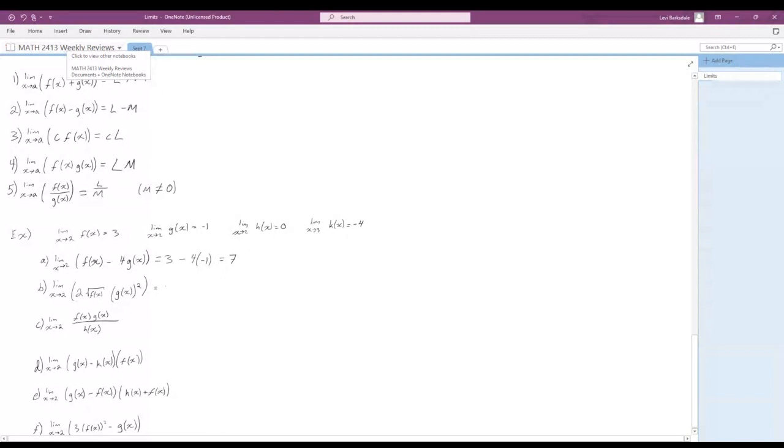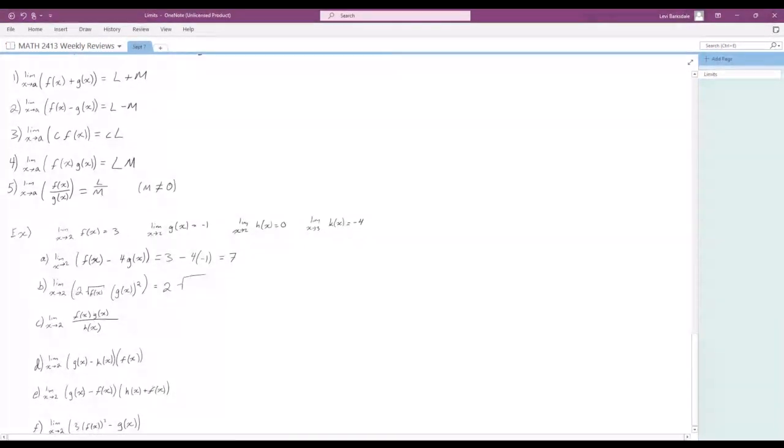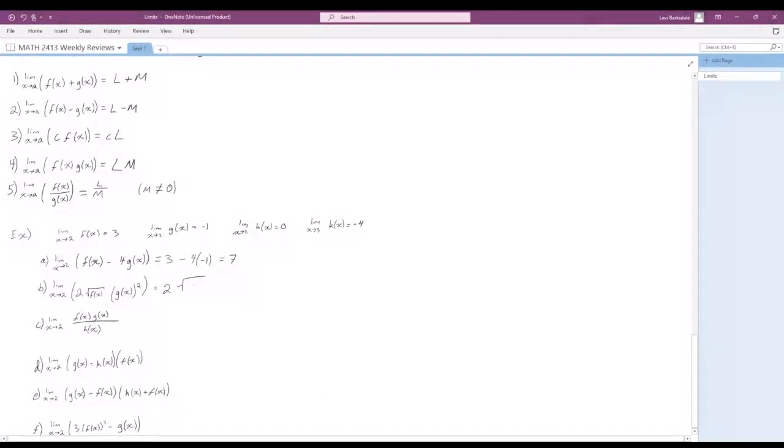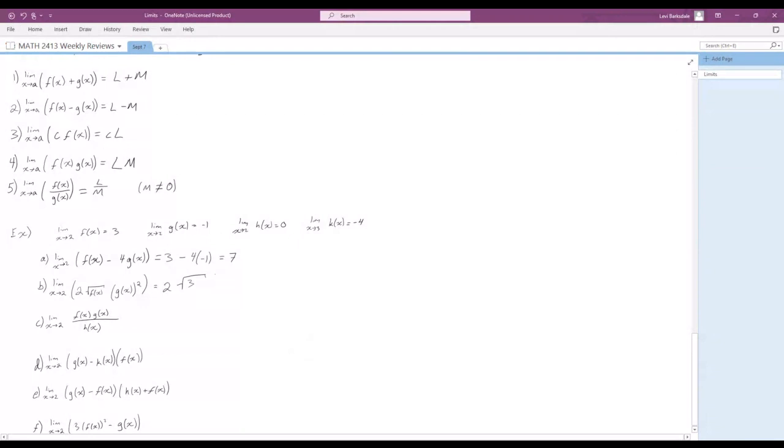But the easier way is just to say 2 times the square root of 3, and then multiply by -1 squared, which is just 1. Oh, okay. So you don't even have to take it off or anything. Nope. You can just let it be.